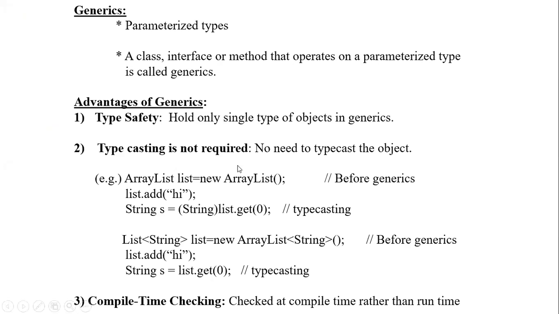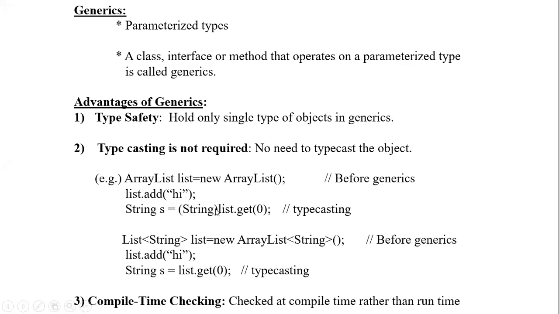Clear? Okay. ArrayList list equal to new ArrayList, that means before adding generics. List.add, I have added hi for this. While retrieving that, without writing String it was showing an error saying that Object cannot be converted to String.